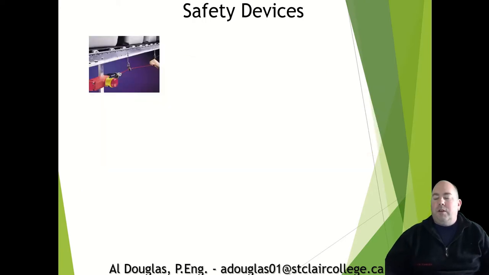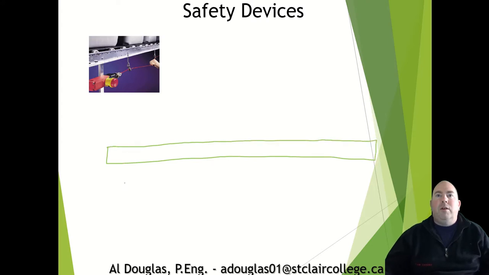Now the benefit of these, if you have a really long conveyor system, like let's say you have 100 feet of conveyor, you don't want to have to put a dozen EStops along this. Okay, you don't want to have to do that.